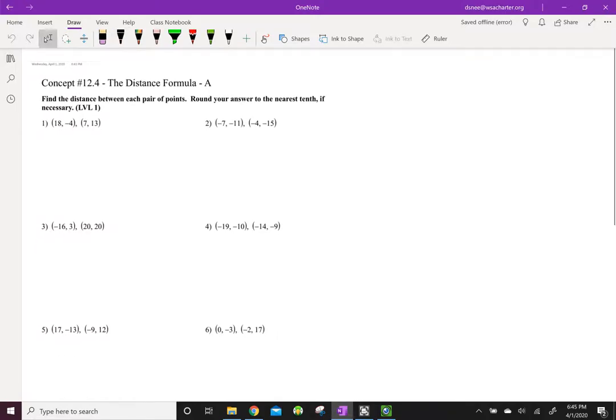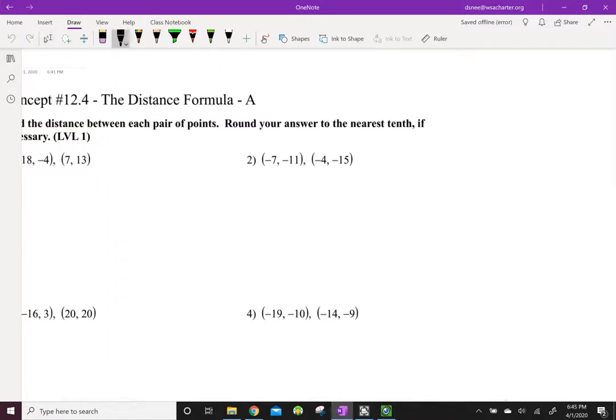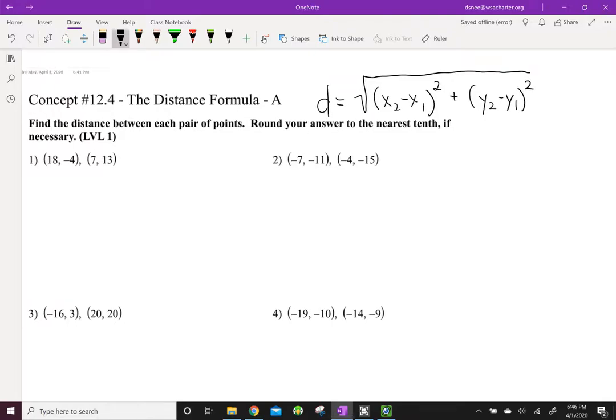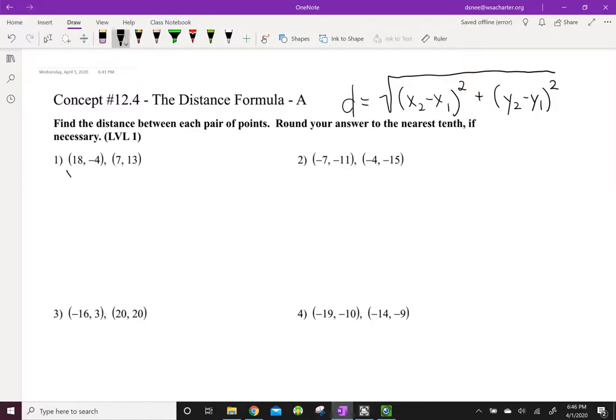I'm going to start just by rewriting this distance formula up here one more time. Probably not one more time, probably a lot more times. Distance equals the square root of the difference between x sub 2 and x sub 1 squared plus the difference between y sub 2 and y sub 1 squared. Okay, so we're going to label our points, right? We're going to label them x1 and y1 or x2 and y2, and we're going to use that formula.